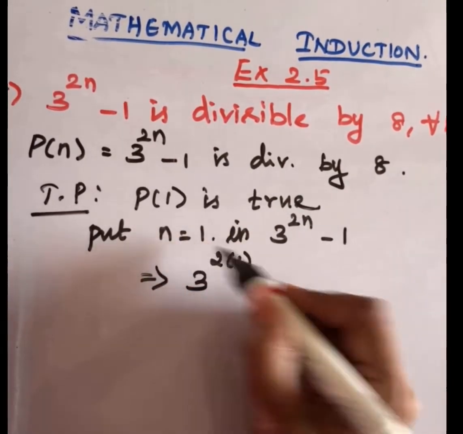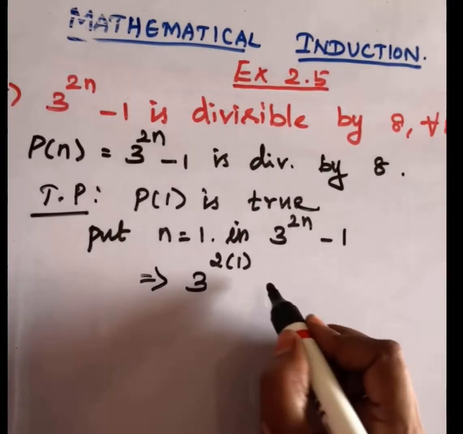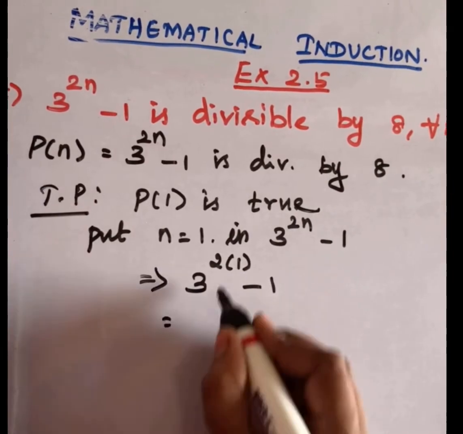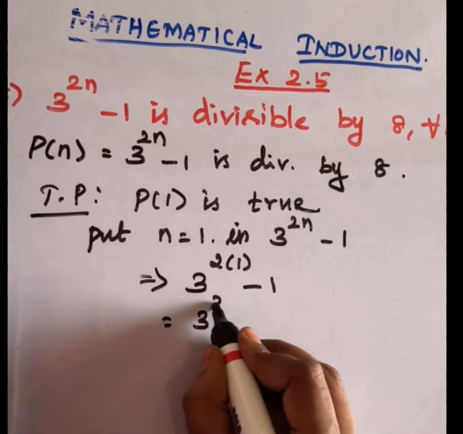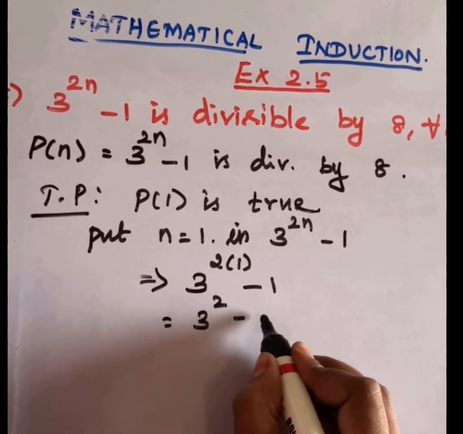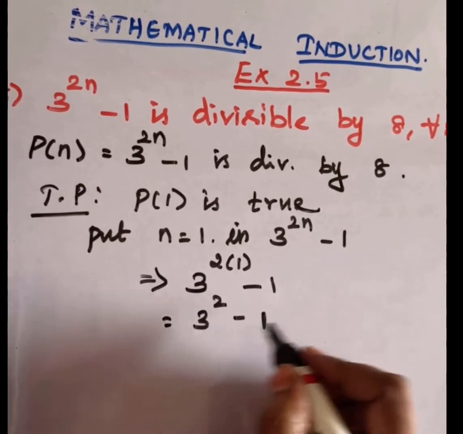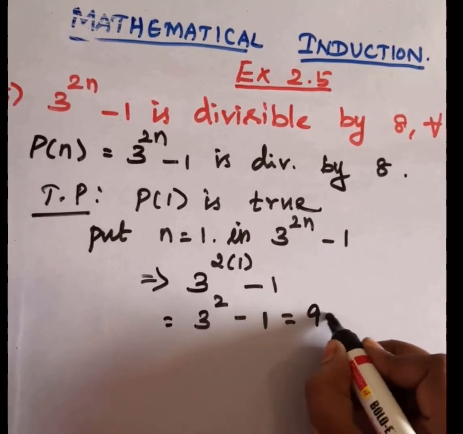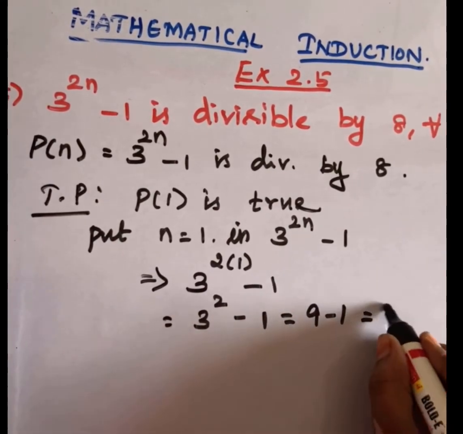Instead of n, I substituted 1. That is equal to 3 square minus 1. What is 3 square? 3 into 3. So, 3 square is 9, minus 1, and it is 8.